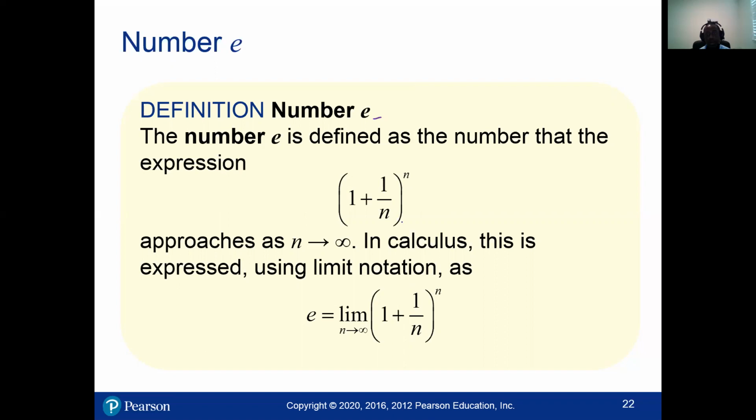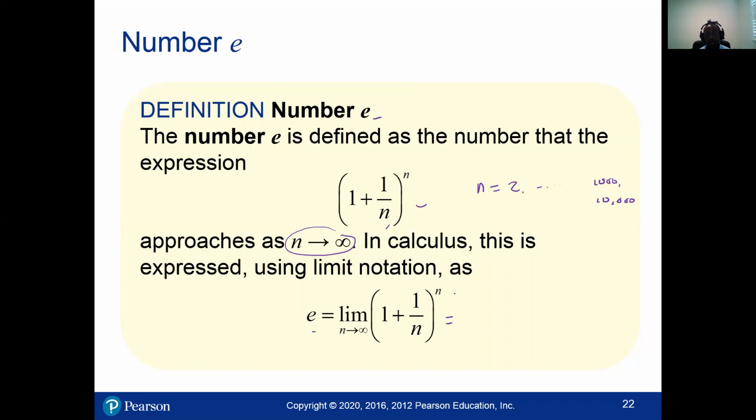So let's define the number e. The number e is defined, that's a definition. If we have 1 plus 1 over n, raised to n, and we pick values for n and increase it, let's say from 2 to 1,000 or maybe 10,000, what happens to this expression? It approaches a certain value. In calculus, we say n approaches positive infinity, and then we say e is equal to this.